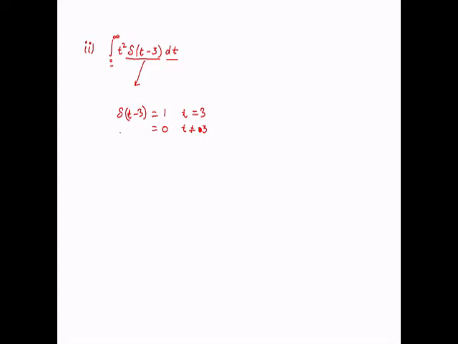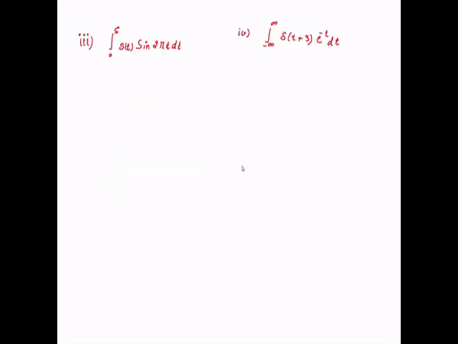In this way we can write this equation: the integration from 0 to infinity t square delta t minus 3 dt is equal to t square by taking t is equal to 3, and this leads to 9. So this is the solution.